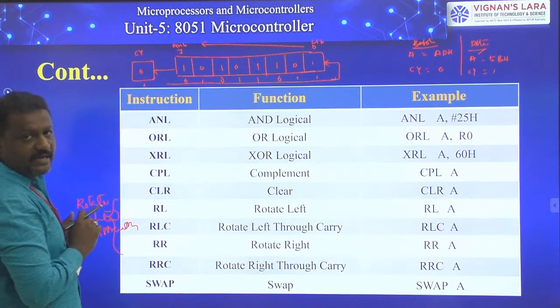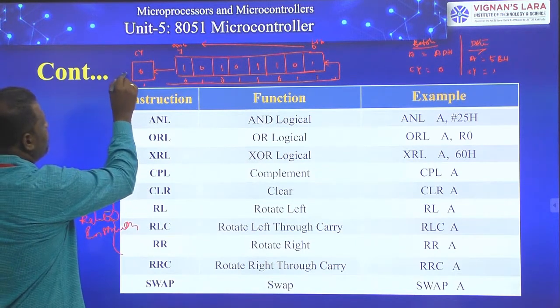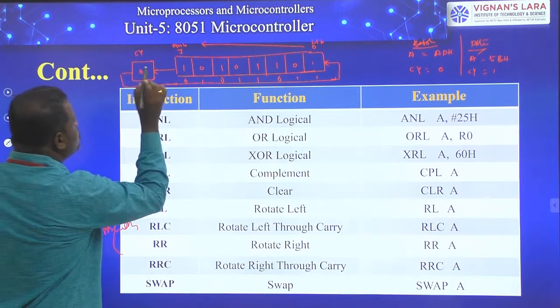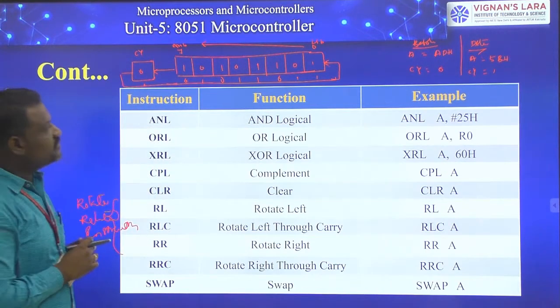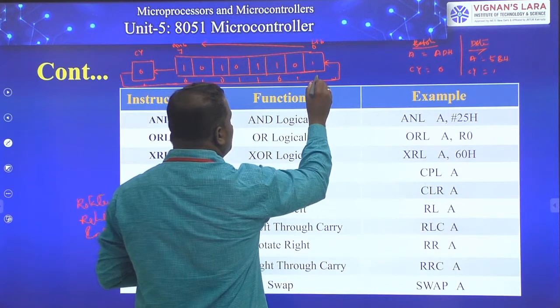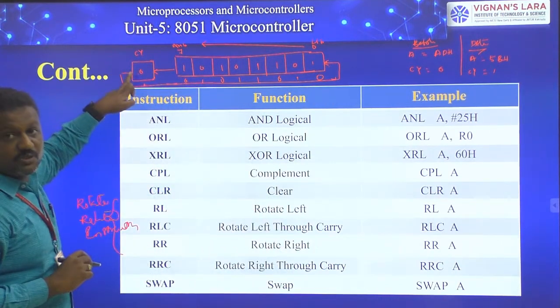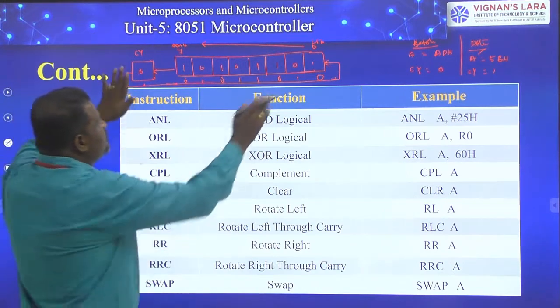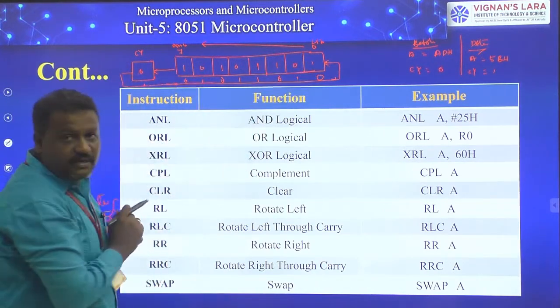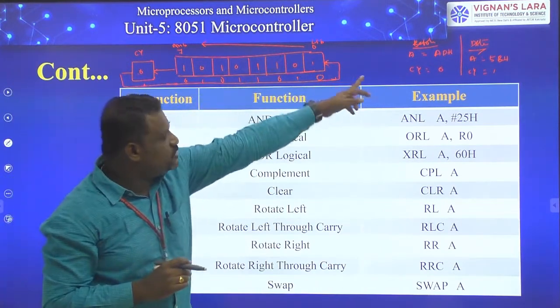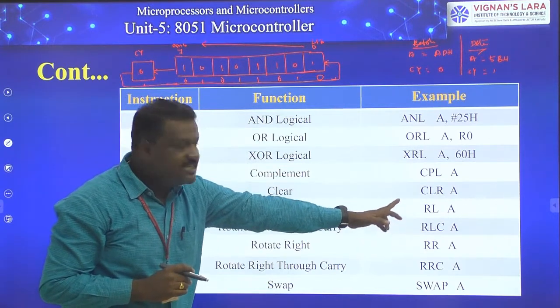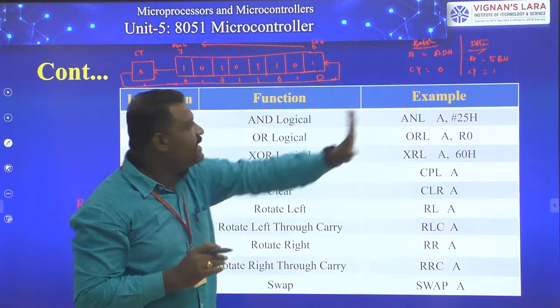the MSB bit goes to carry, and at the same time the carry bit goes to LSB. So now this is not 1, now it is 0, because previously our carry value was 0. See here, friends, this is the scenario of our accumulator before execution of the instruction RLC space A. A value is ADH.